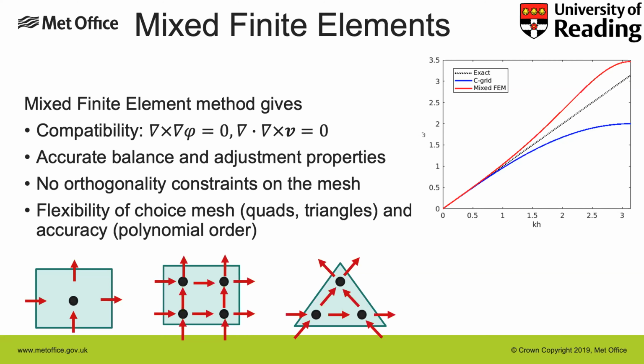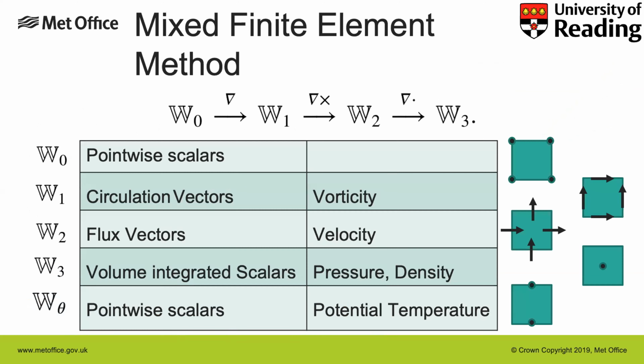We could choose higher order, for example, if we wanted to. But our target to start with, and what we've implemented so far, is this lowest order method on quadrilaterals.